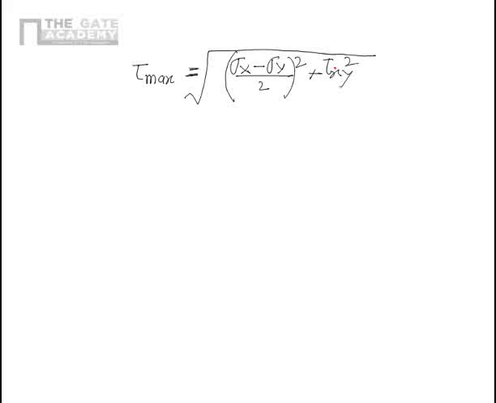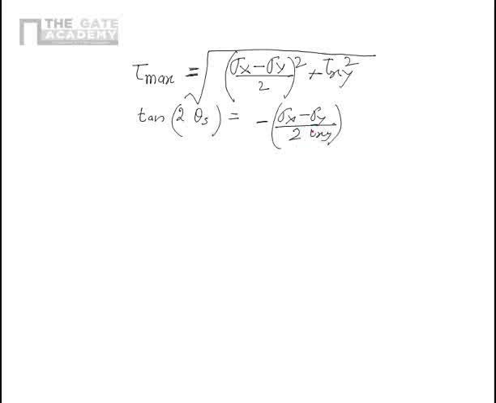So this is the maximum shear stress which occurs in that stress element, and the angle about which the shear stress is maximum is given by tan 2 theta s, that is equal to minus of sigma x minus sigma y by 2 tau xy.